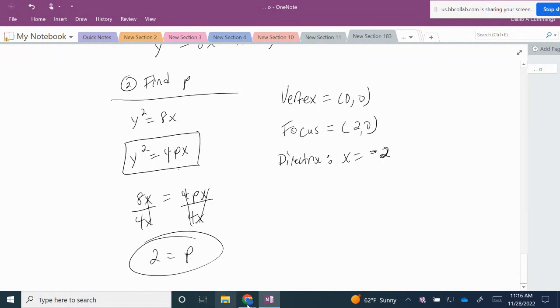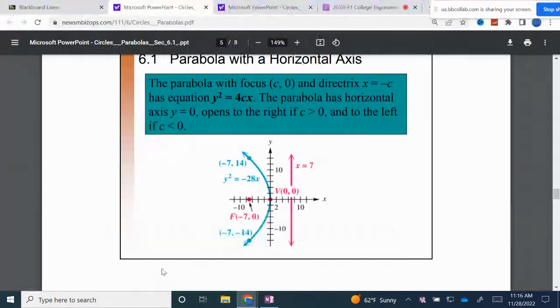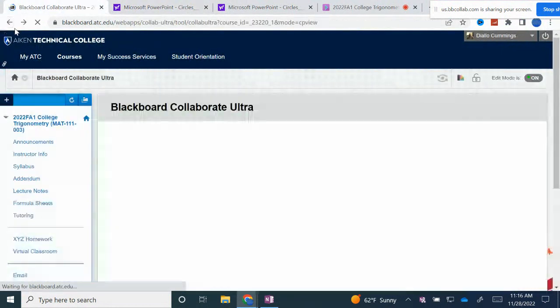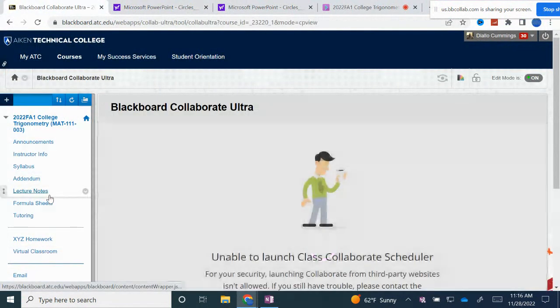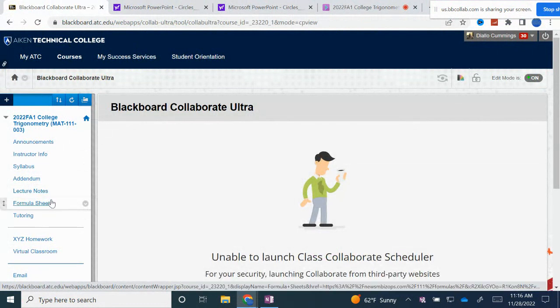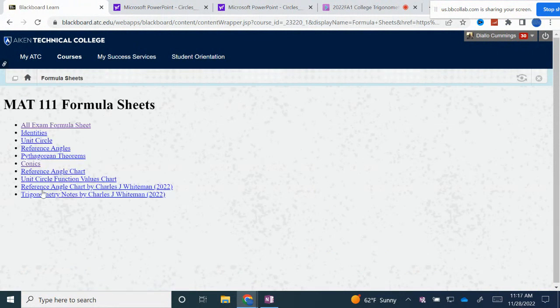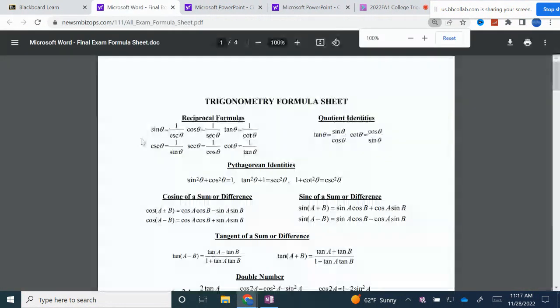Now, just for reference, I'm going to go back to the course and go into formula sheets. And in formula sheets, there is the all exam formula sheet.